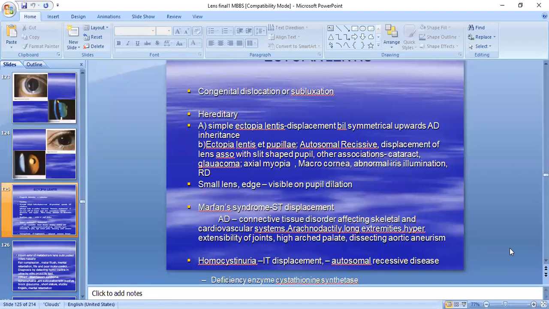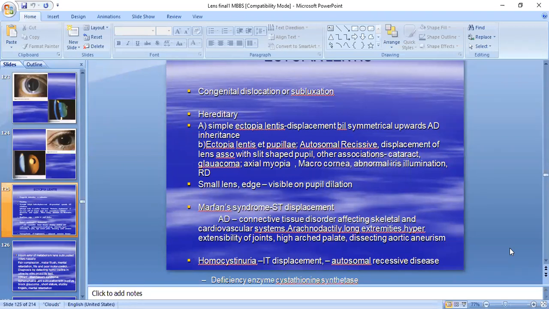Hyperextensibility of the joints is another feature, and congenital inguinal hernias can also be there. A high arched palate is another thing we normally see. Dissecting aortic aneurysm is a cardiovascular anomaly, and ventricular septal defect or patent ductus arteriosus are also seen. So this is Marfan syndrome, where you have a superotemporal displacement of the lens.